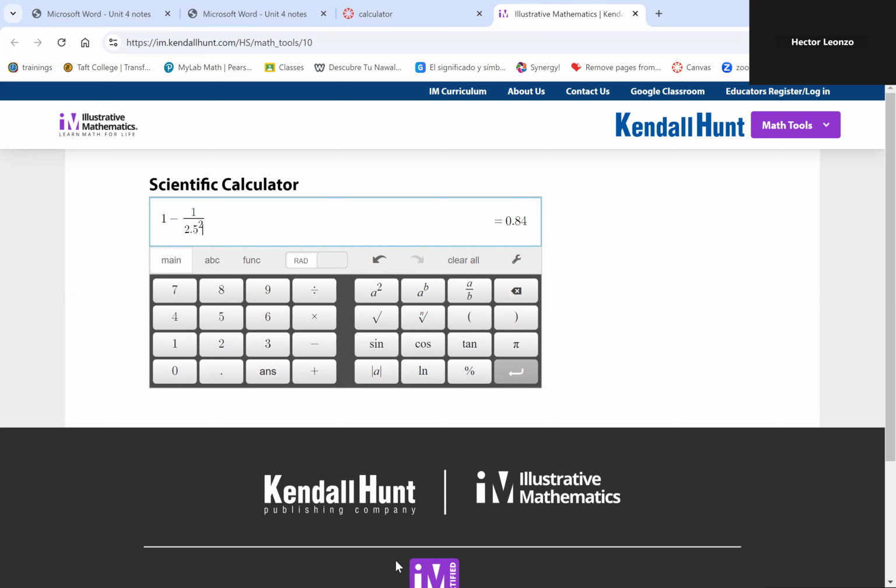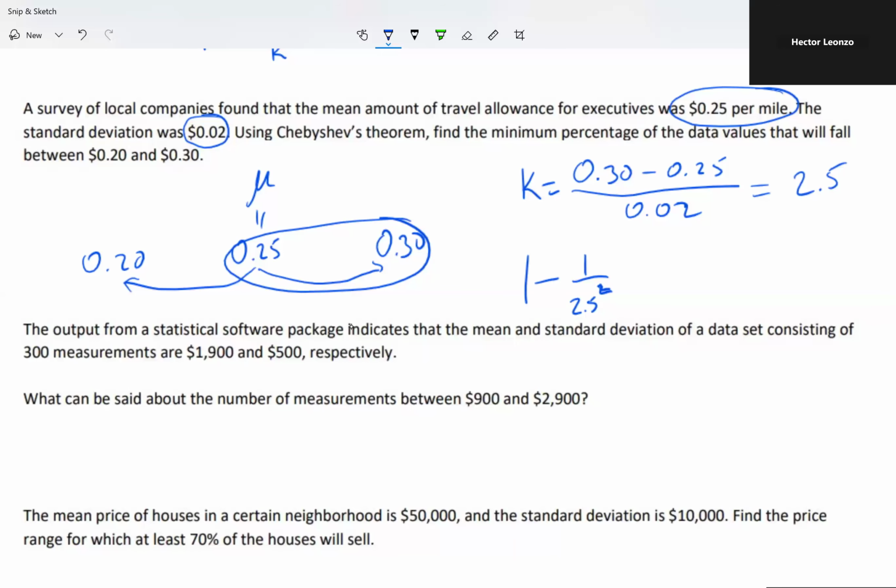I'm going to come back to my notes here. This gives me 0.84. Now here, I have minimum percentage. I have 0.84. Remember how I told you guys 0.84, this low number, is probability.